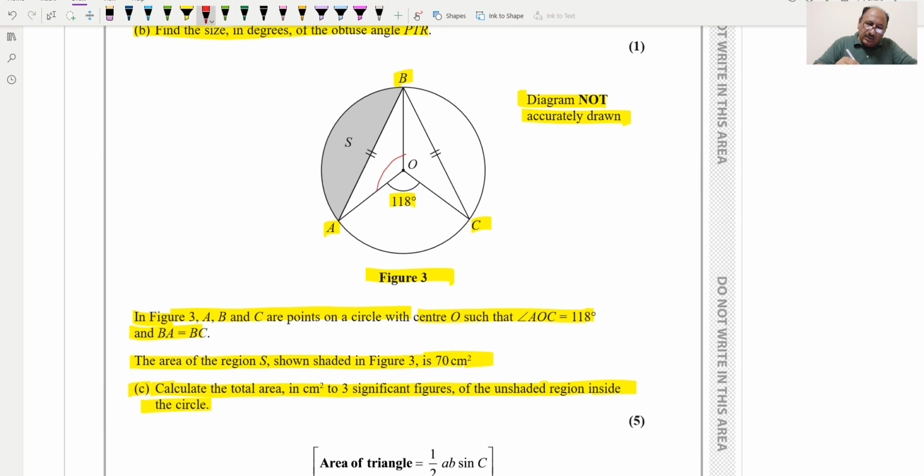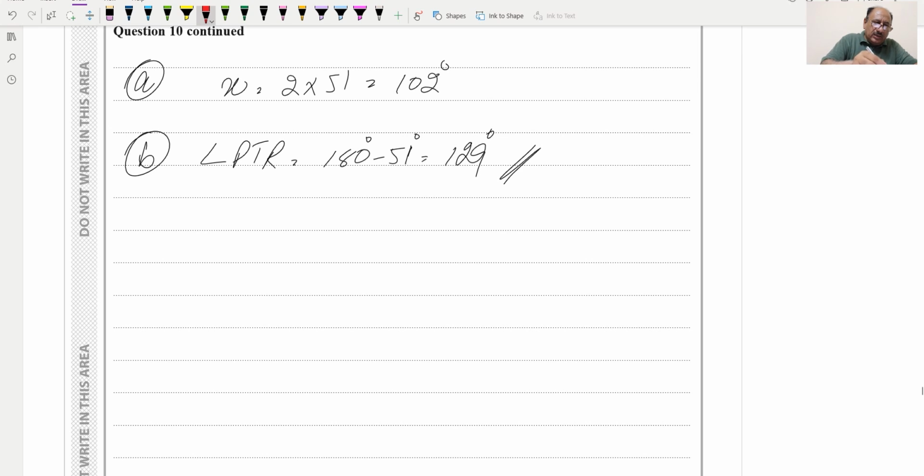This angle and this angle are equal because their sides are equal. So we can find how much this angle is. This angle will be 360 minus 118 divided by 2. So we can write the C part answer over here.